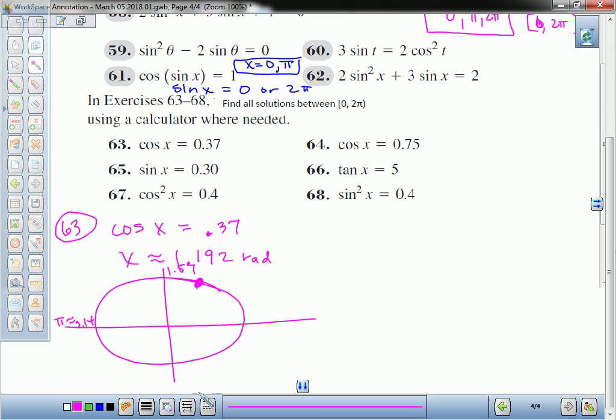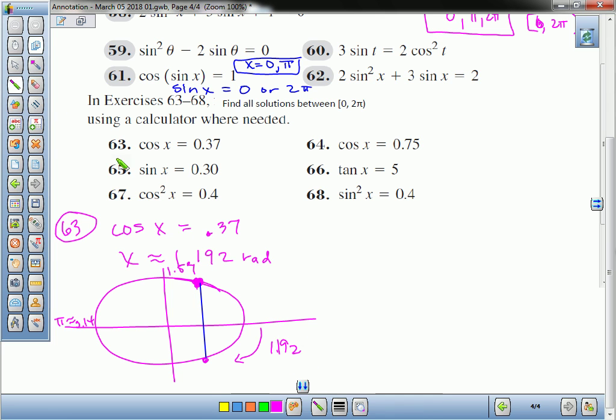Okay. So where else would the x value be equivalent to the same x value? Well, that would happen right down here. That would be back 1.192 radians, right? Because this is forward. This isn't a positive direction.